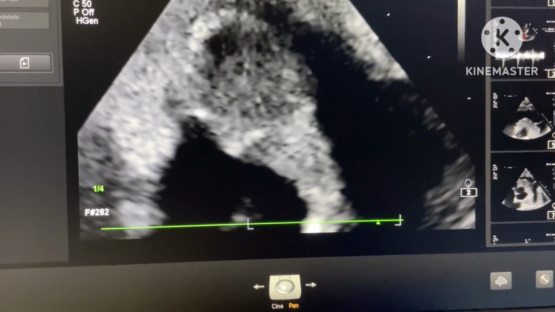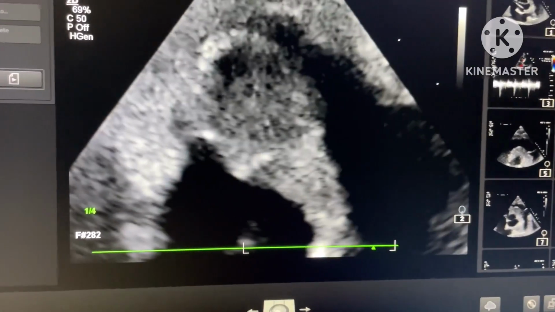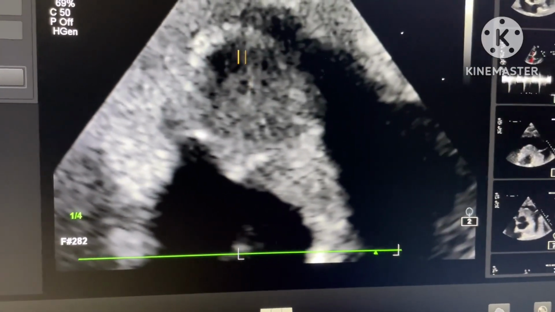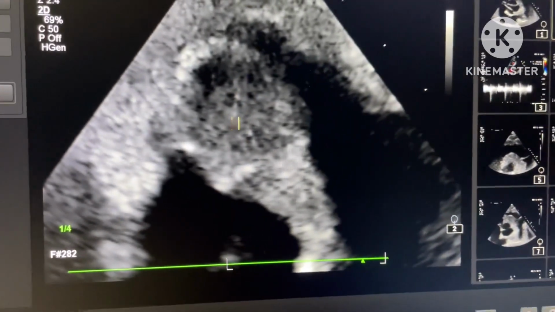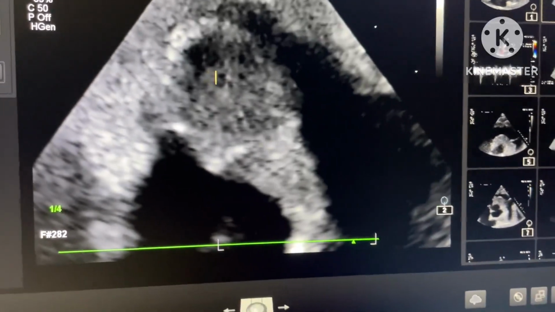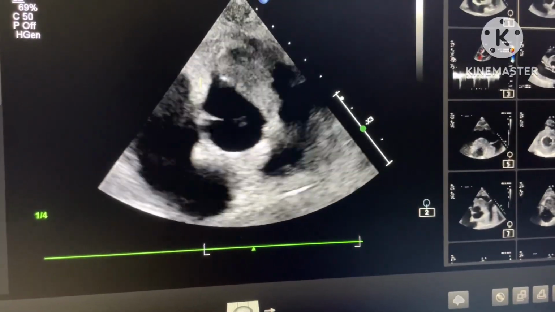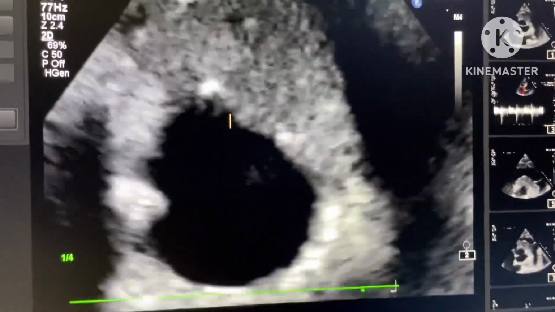Now see, this is the aortic valve having pus. Now we can see the septated collection, a dense collection within this anterior aortic valve. You see it reducing the size and zooming the size. Now you clearly see.